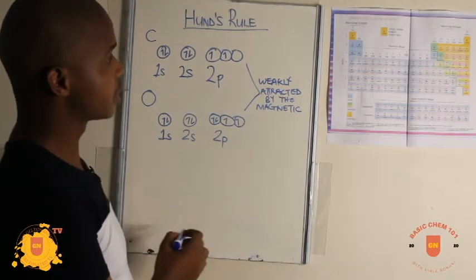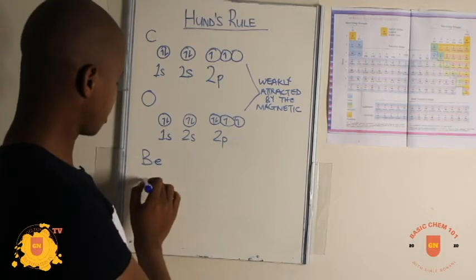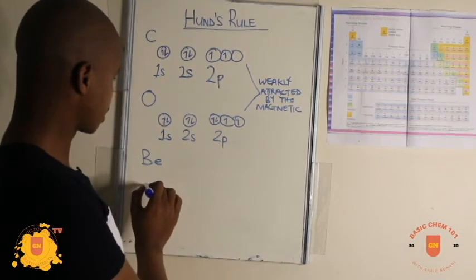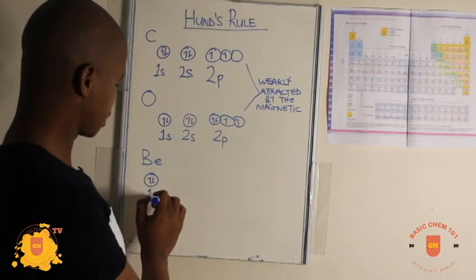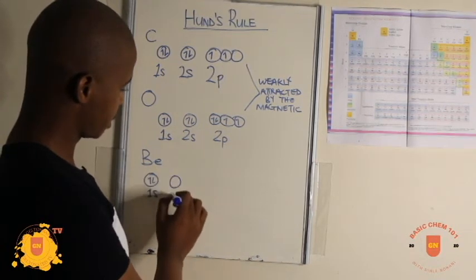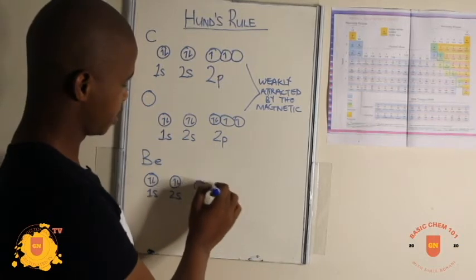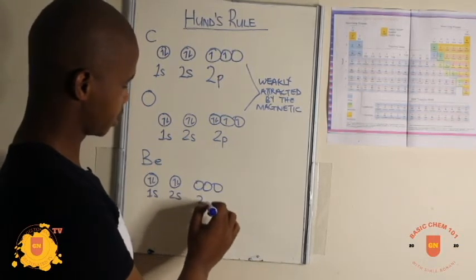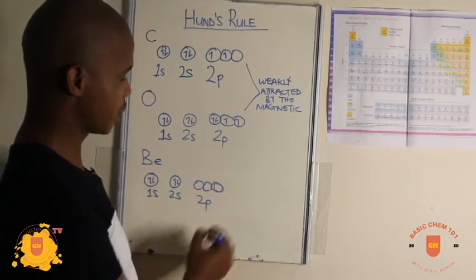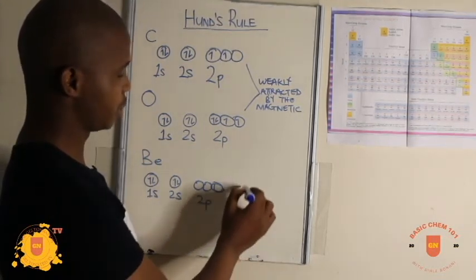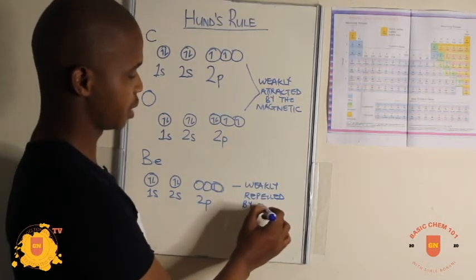Then if you look at, let's say, beryllium, it has 4 electrons, which is 1s, then 2s, and 2p has nothing. So you have only paired electrons for beryllium. This one would be weakly repelled by a magnetic field.